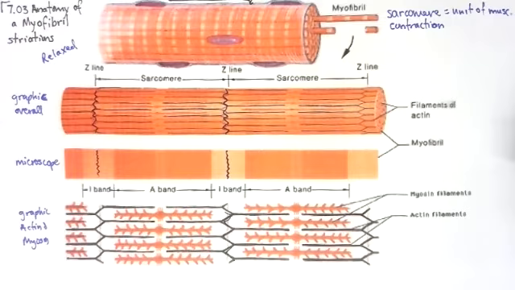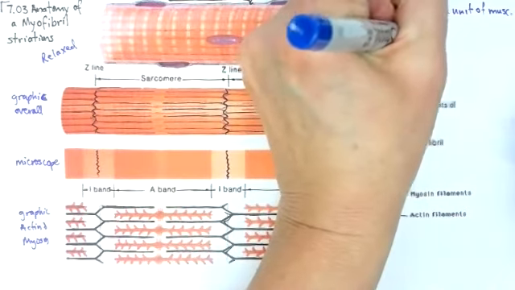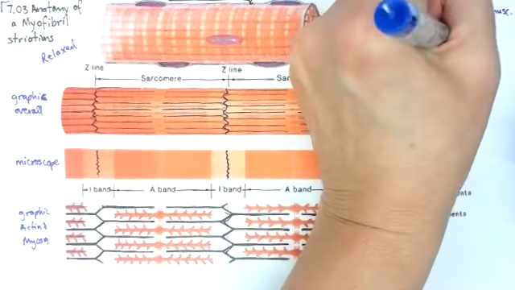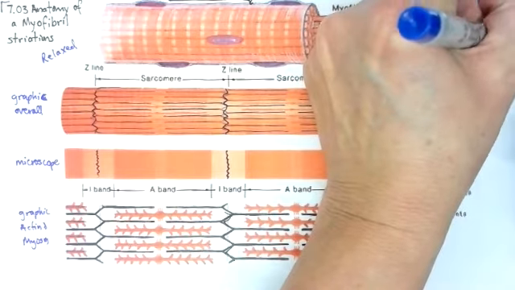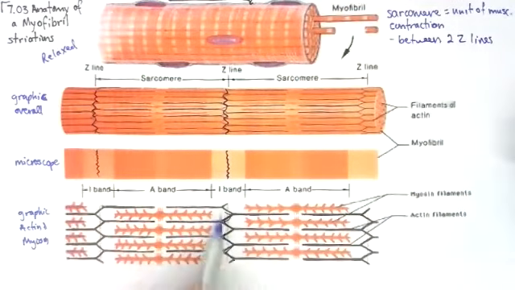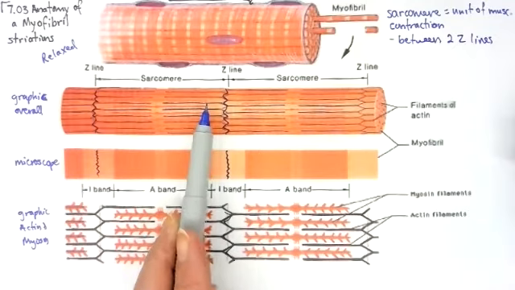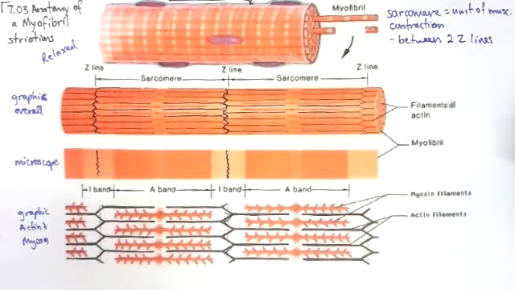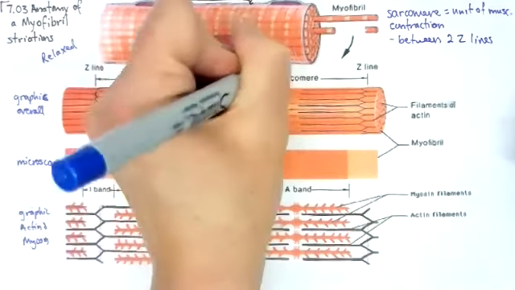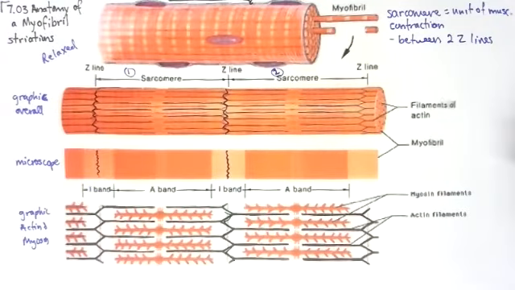But again, to talk intelligently about this, we have to understand the vocabulary. So this is what a sarcomere is: it's between two Z lines. That's why this is one sarcomere. This represents a single sarcomere, and this represents a single sarcomere. That's sarcomere number one, sarcomere number two.